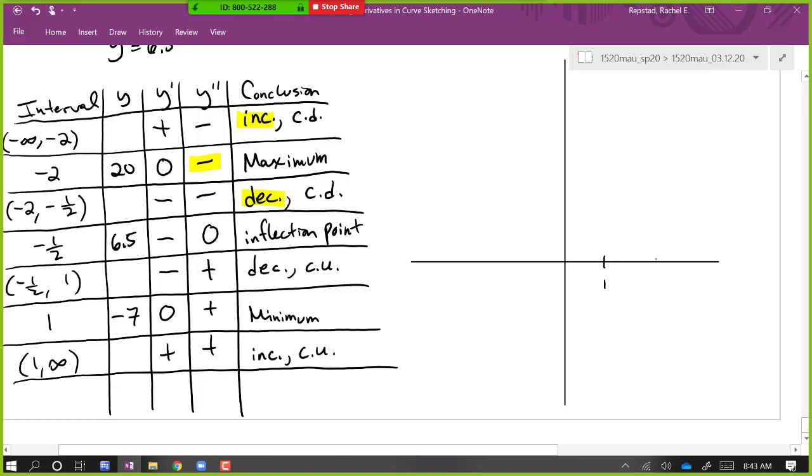So maybe like 1, 2, and then I'll go up by 2s here.